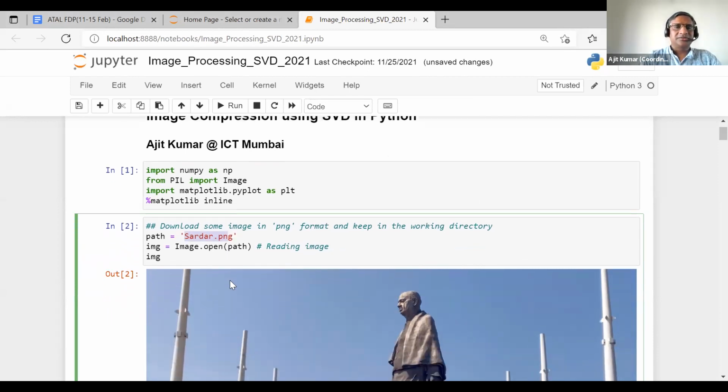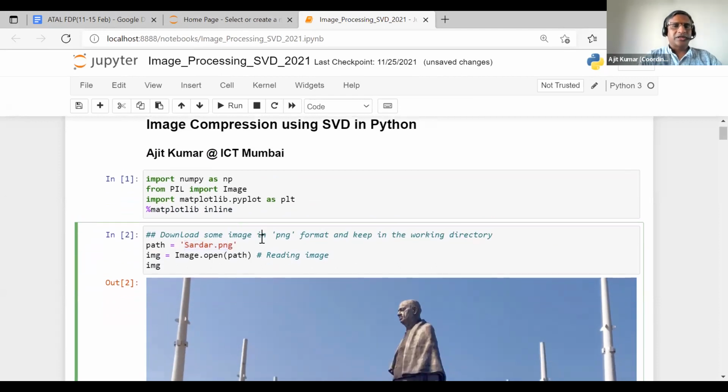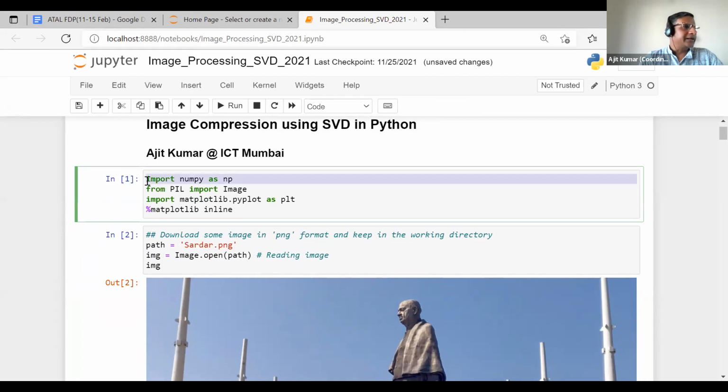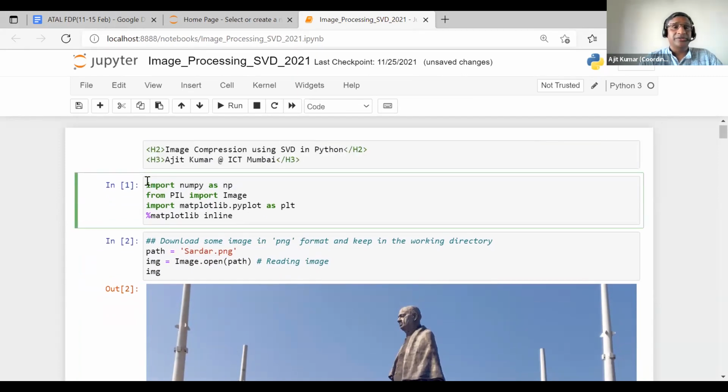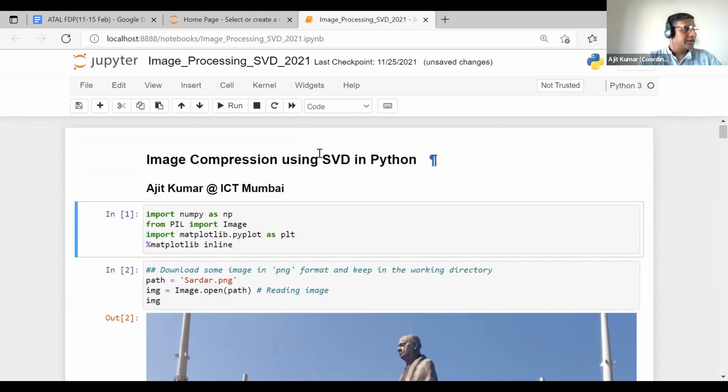I've just taken some good quality image. That's all. It's nothing intentional about opening this image. So what we are doing here: let me import NumPy, numerical Python, which is a very useful package. It can do a lot of numerical computations plus all the linear algebra.